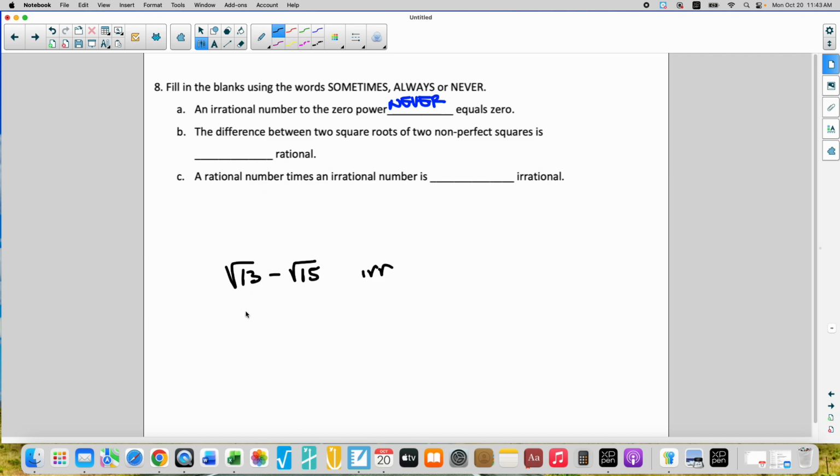But what if we did the square root of 8, which is irrational, minus the square root of 8? That's going to equal 0, which is rational.